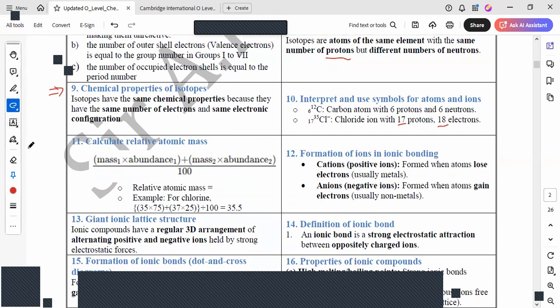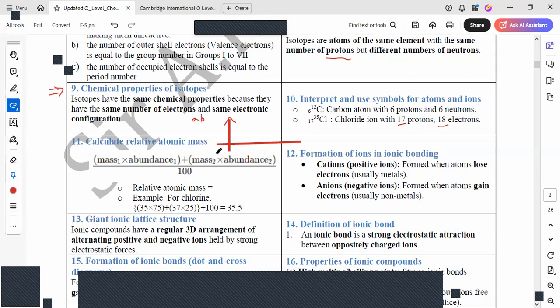For example, if you take a sample of chlorine, there is a graph. On the y-axis it has percentage abundance or abundance. If it is in percentage, then you have to divide it by 100.